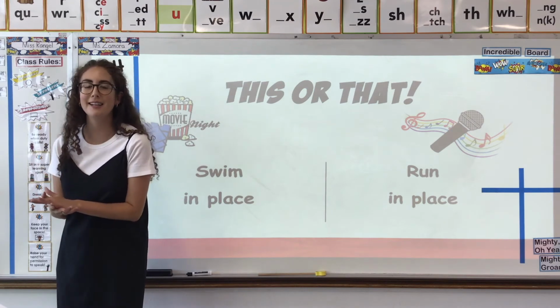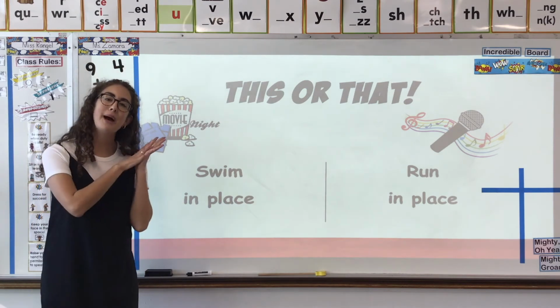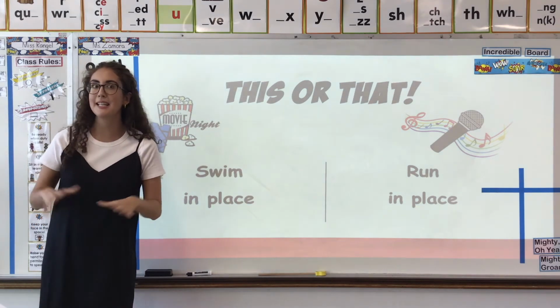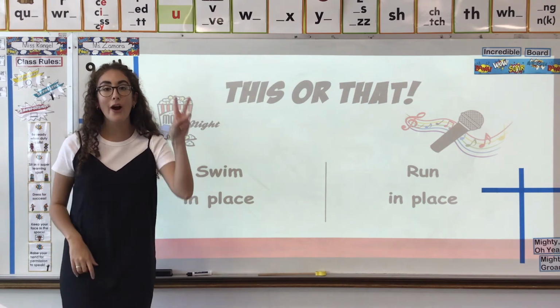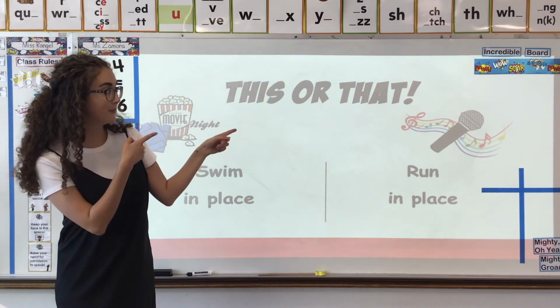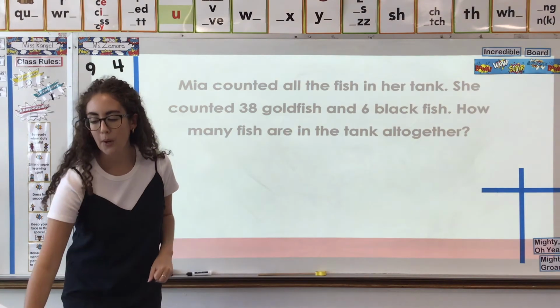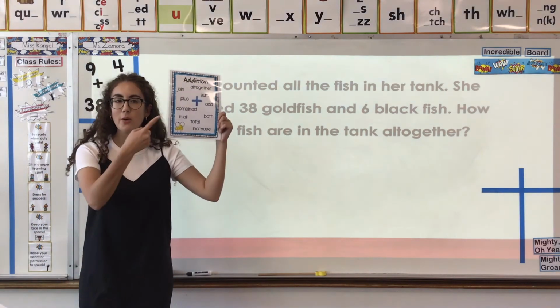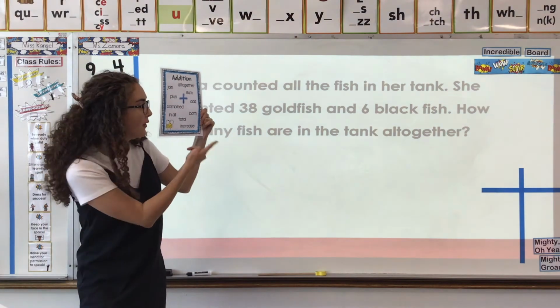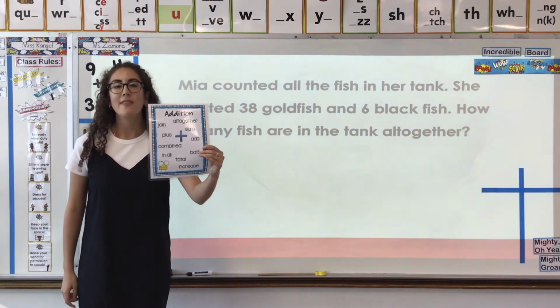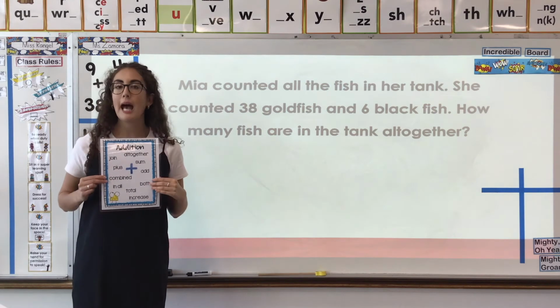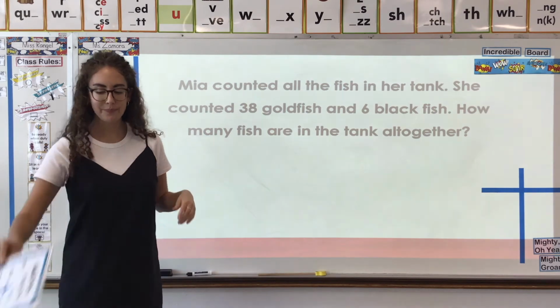Okay, we are done. So we can all sit back down with our nice, clean whiteboards and ready for our second word problem. So I'm going to read this problem 2 times. Both times, I want you using your clue sheet to be on the lookout for the clue word that tells us we're going to use addition to solve this problem.